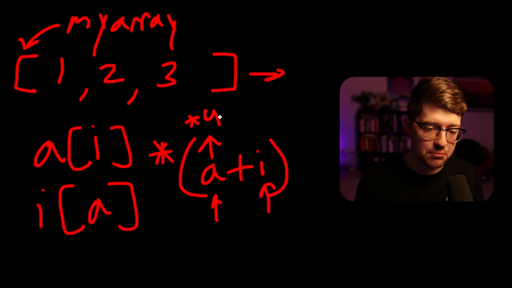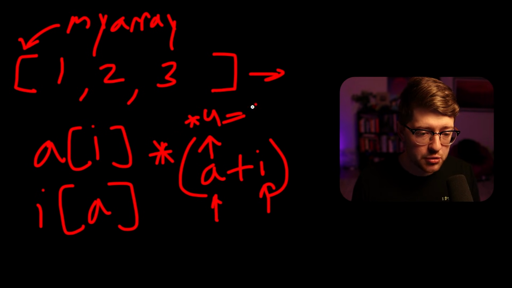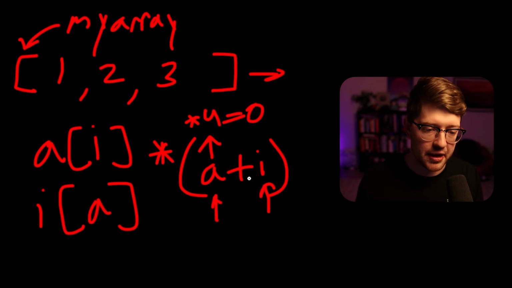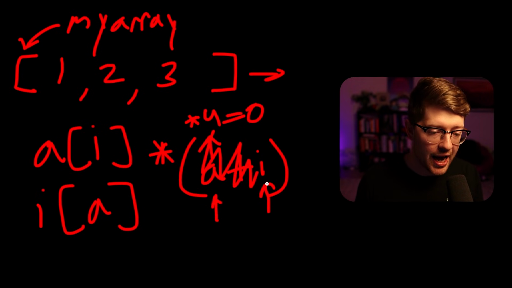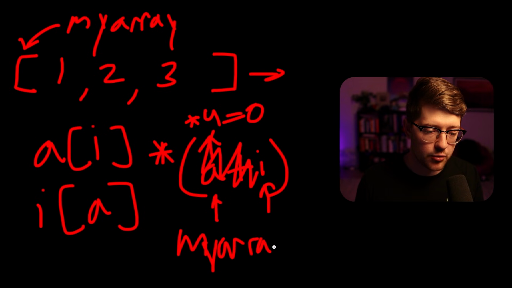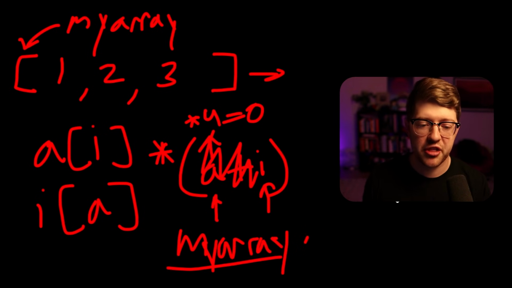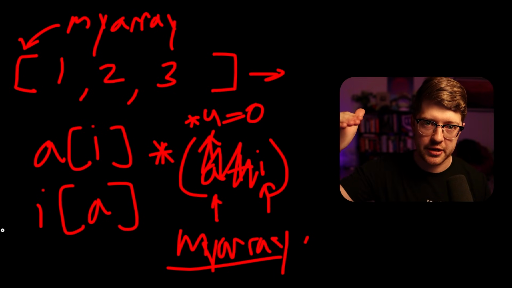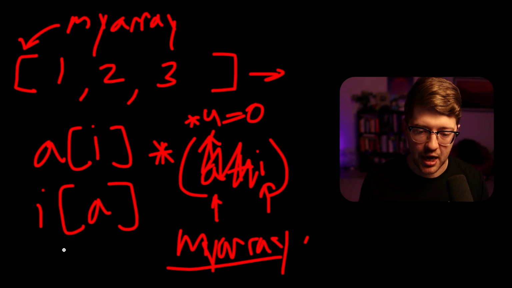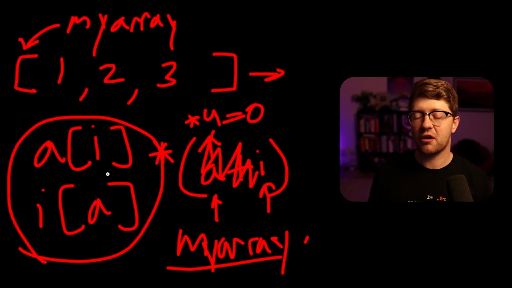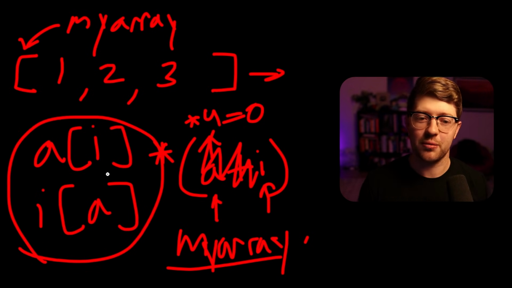And in this case, it's still multiplying 0 times 4 because 0 is that index value. So all we have left is I, which is our my array value. What's happening here is not so much a transitive property of addition thing. It's just the compiler deciding which value gets upgraded to the pointer and which value does not. So at the end of the day, both of these are legal, but not for the reason you probably thought.